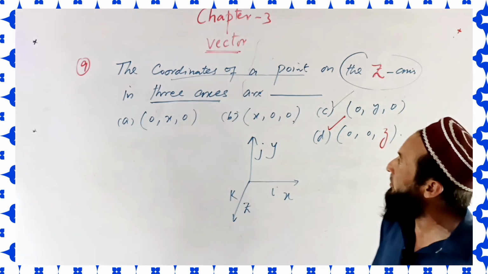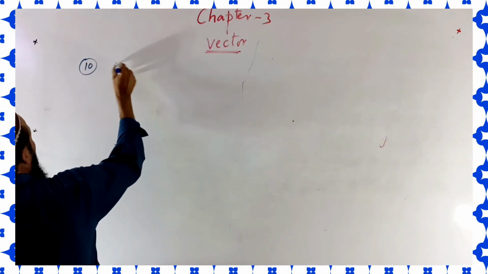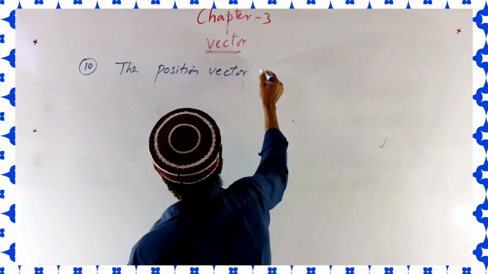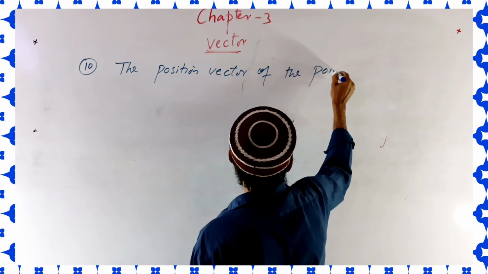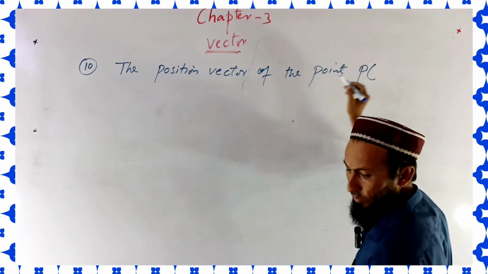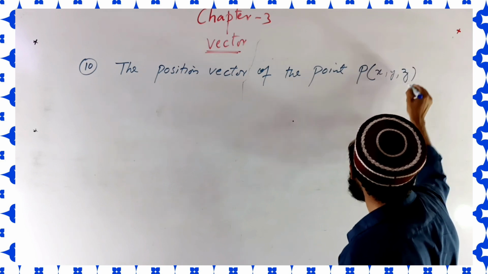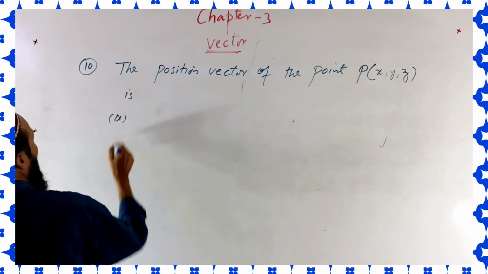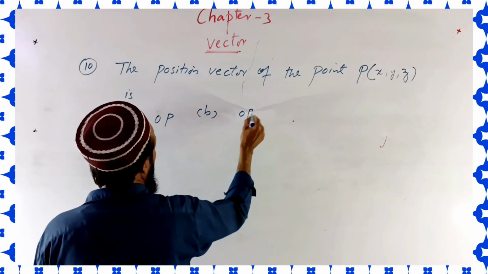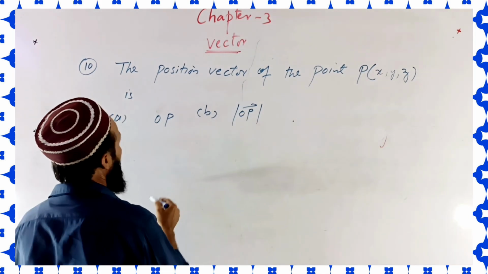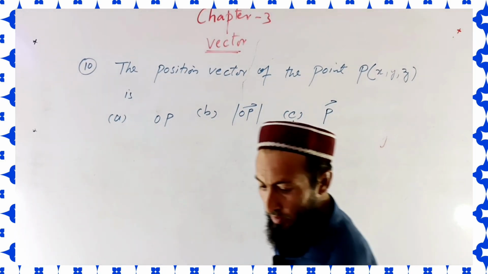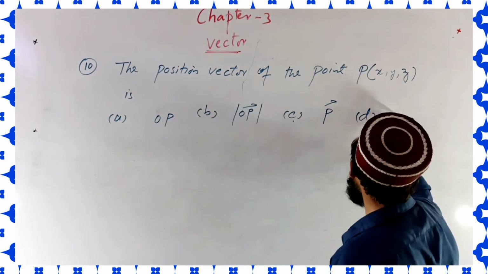There are these possibilities in the coordinate system. And the position vector of the point P, how we can write OP, the OP magnitude.